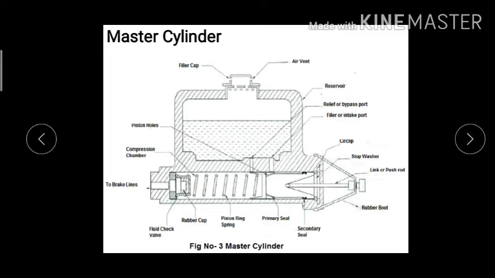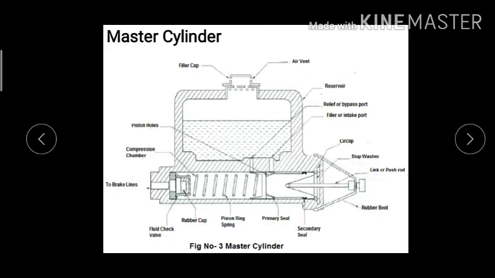As we have discussed in the hydraulic brake system, the master cylinder takes back the oil into itself after the brake pedal is released. Whatever oil is there in the wheel cylinder will try to push back into the master cylinder.